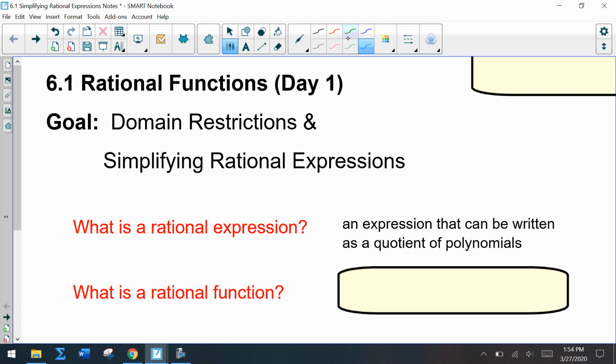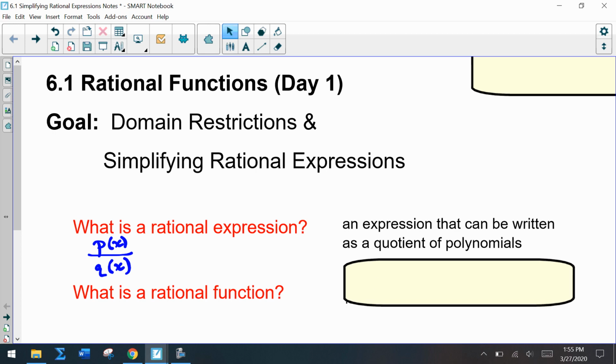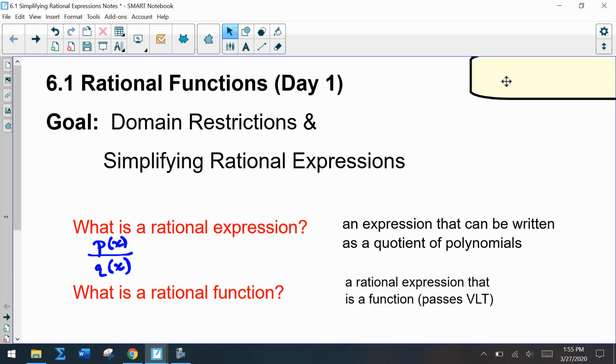So if we have a polynomial, p of x, over another polynomial, q of x, where p of x and q of x are polynomials, that quotient or that fraction is a rational expression. And a rational function is a rational expression that is a function.